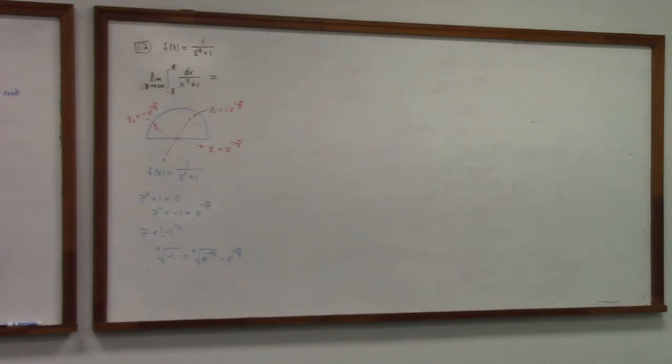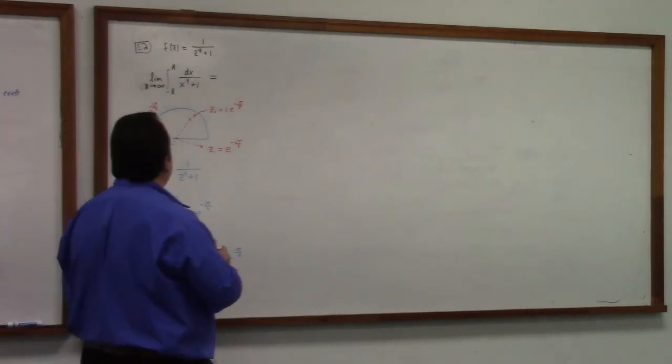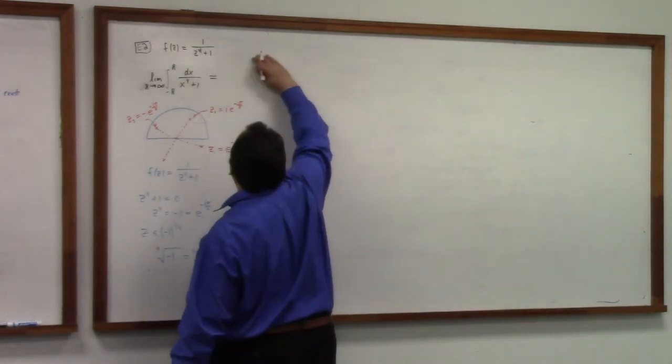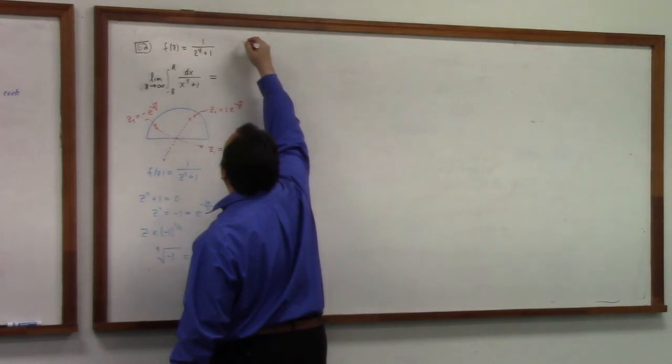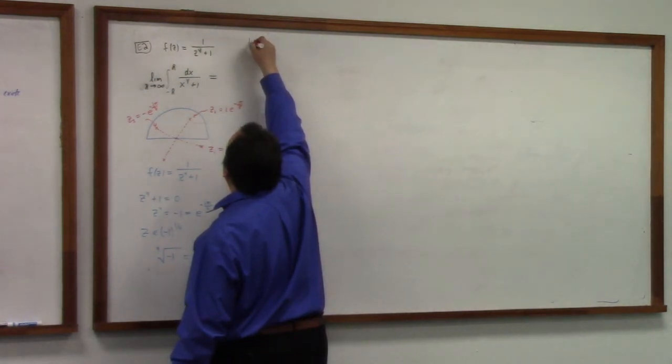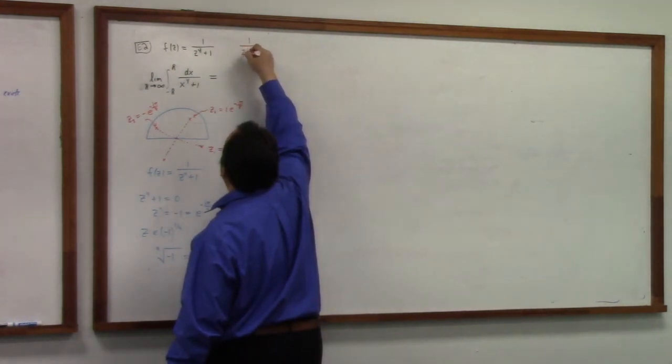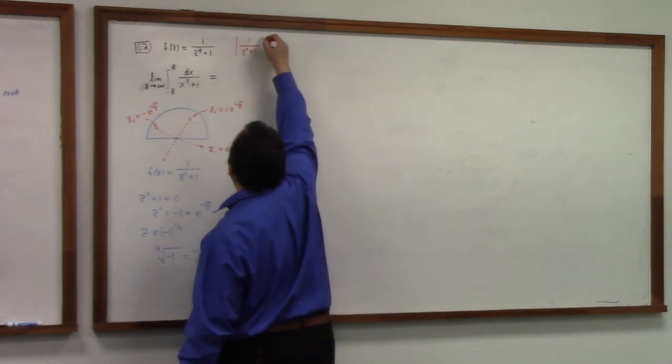Let's make this one explicit. Can you explain to me how 1 over z to the fourth plus 1 can be bounded? What's a bound on this?